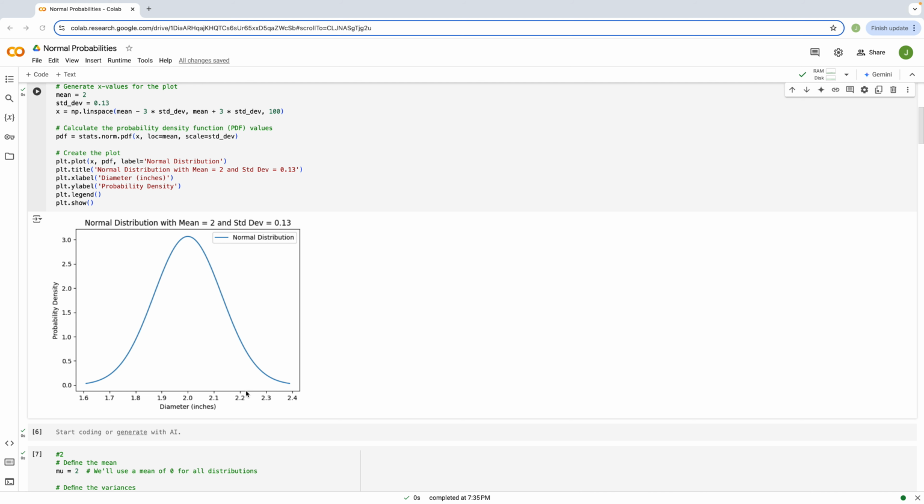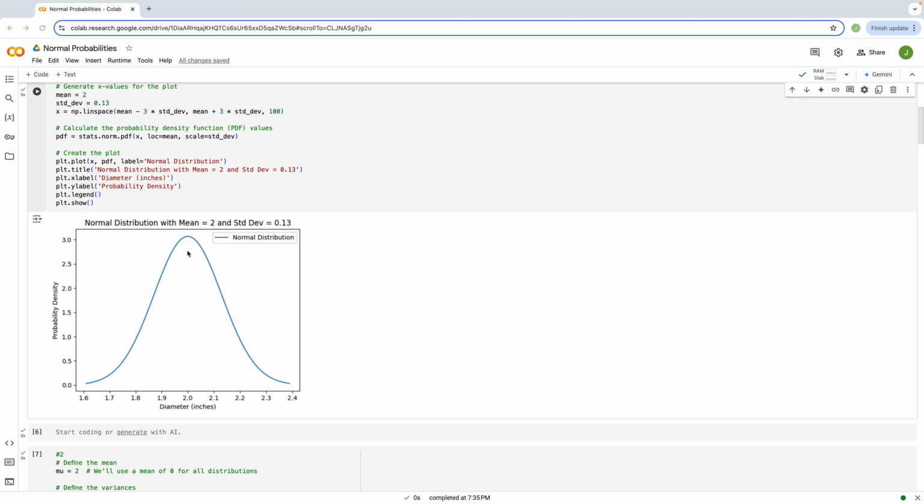For example, the further out you go to 2.2 to 2.3, that occupies less area and less probability. So it's a lower likelihood of an event having a pipe that is far from 2 inches in diameter.